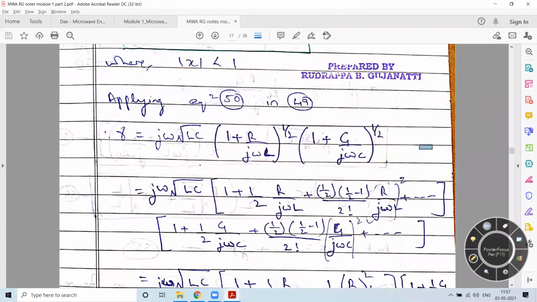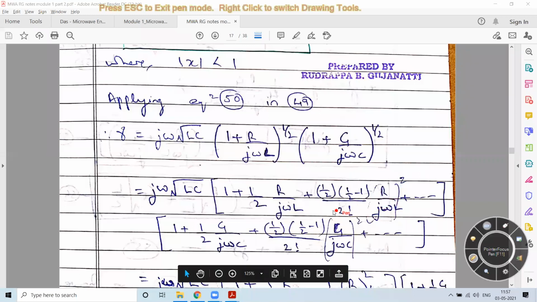Similarly, if you go for the next term, you will be having half into half minus 1 into half minus 2 divided by 3 factorial into r cube divided by (j omega L) cube. As we move further, these parameters r by j omega L keep on reducing. So in such conditions, we neglect these parameters; that is, we assume that this tends to 0, and as we move further, this tends to 0.